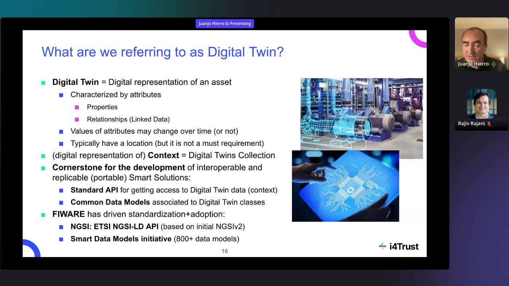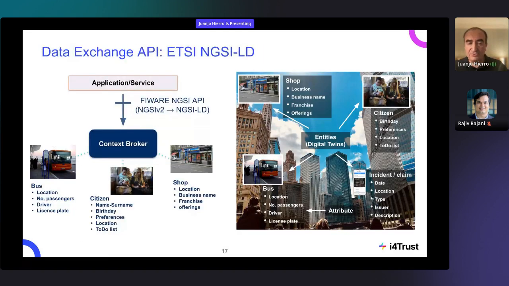And what we are providing in i4Trust, and here is where FIWARE concretely is bringing in concrete standards, is the API that will be used by participants to exchange digital twin data. That is the NGSI-LD API, the specification of which is now being published by ETSI, the European Telecommunications Standards Institute, and together with that, smart data models that will help participants to establish common vocabularies to use.